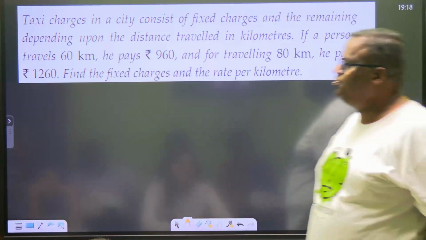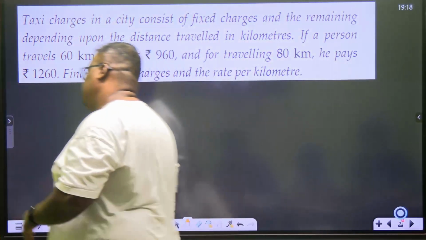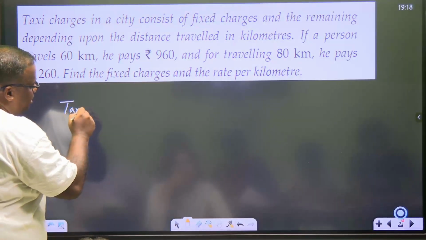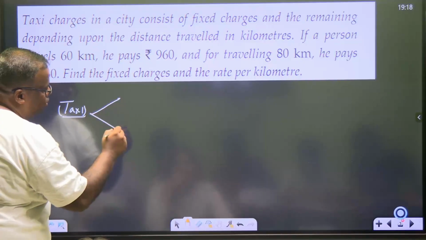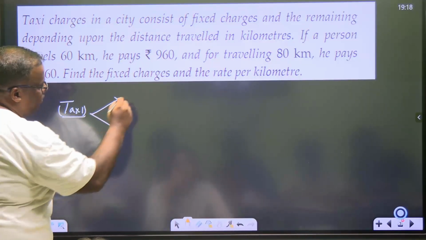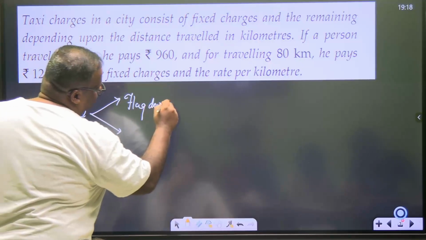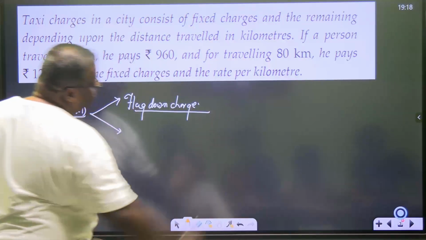So next problem. Let me brief this problem. Whenever you hire a taxi in any city, now this is common sense, okay? The taxi fare has two components. The taxi fare has something called a flag down charge. Whether it is written in this problem or not, in any city you go, there's something called a flag down charge.